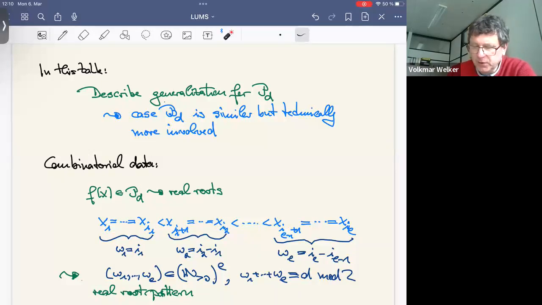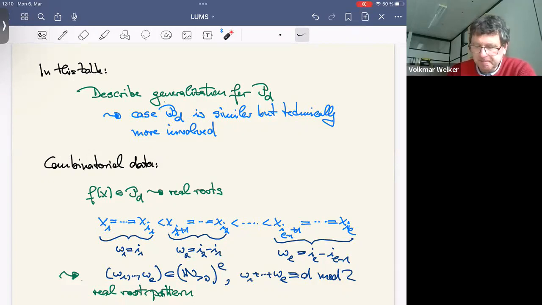And so you go on up to L. So you say you have L different real roots. And the multiplicity of the Lth one we collect in omega L. So omega 1, omega 2, up to omega L collects the multiplicities of our real roots. So this omega 1 up to omega L is then an L-tuple of natural numbers larger than 0.